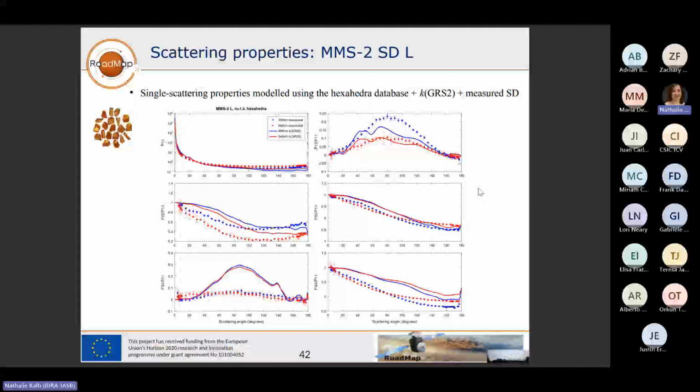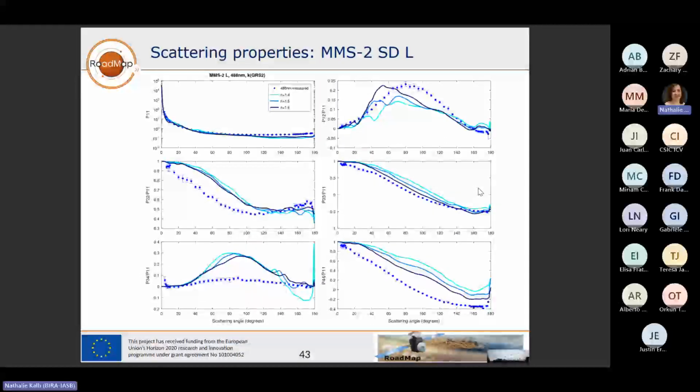Now, this is interesting, because what we can do here is change the real part of the refractive index, since this doesn't affect the reflectance spectrum. And when you change the real part of the refractive index, you can get an even better fit to the measurements.